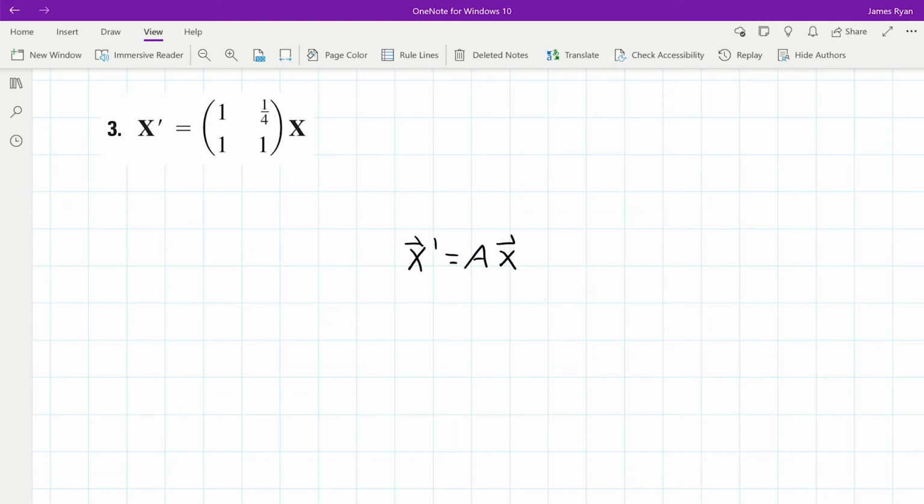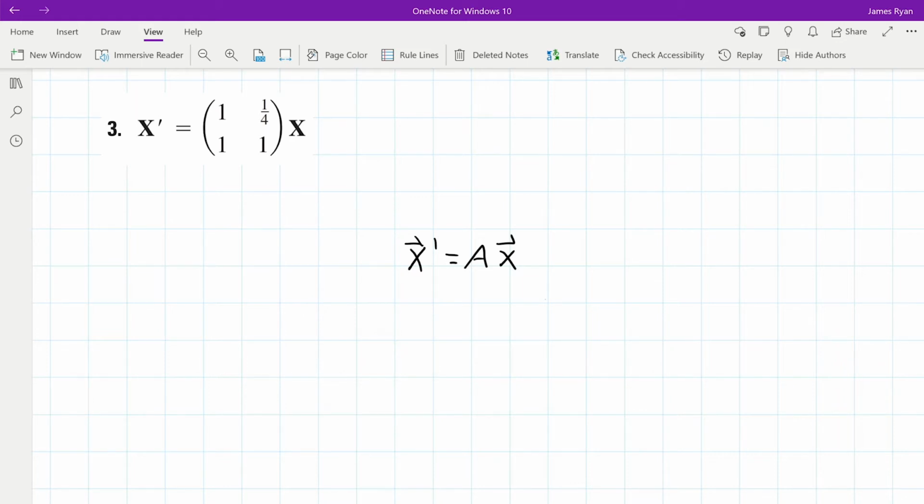This system is coupled, so there's no way to detach each element of x from this coefficient matrix and get it by itself in x prime. And so what we need to do instead is diagonalize A, and that will let us decouple the system.